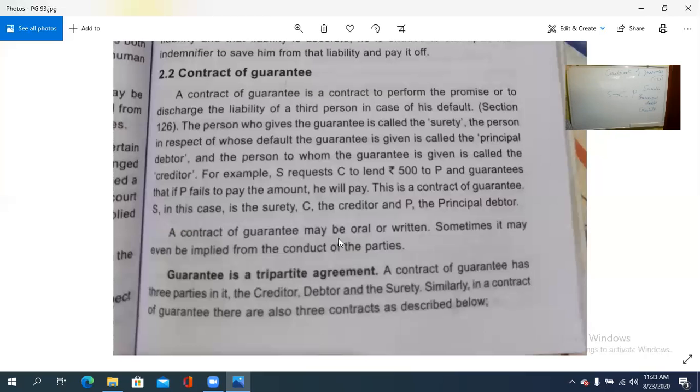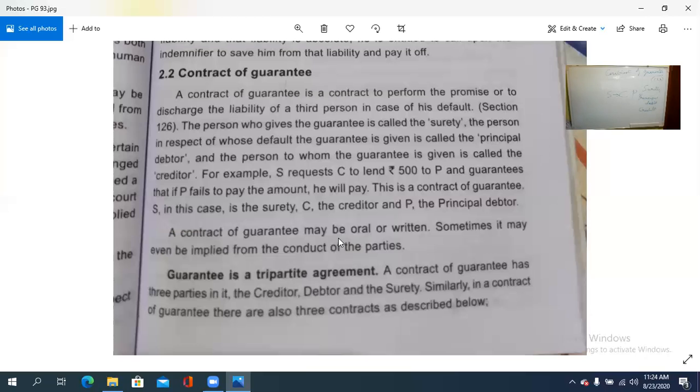So S requests C to lend rupees 500 to P and guarantees that if P fails to pay the amount, he will pay. S is requesting C to lend 500 rupees to P, and agrees that if P fails to pay the amount to C, then S can pay.